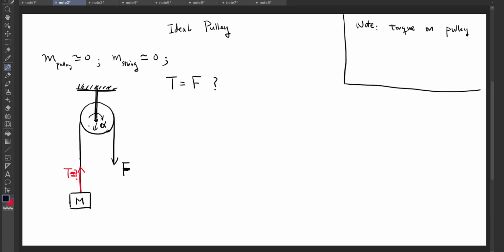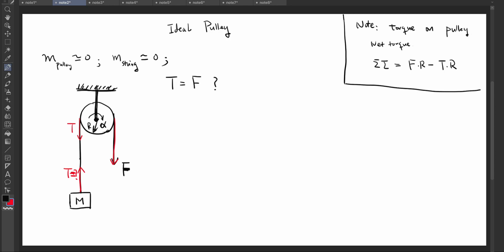Now suppose the radius here for this solid disk is R, then the net torque acting on the pulley with respect to this rotation axis is sigma tau equals F times R minus T times R. Okay, so the difference between the two sides of the pulley: the tension force from the string is on the left side downward, and the pulling force is on the right side downward.